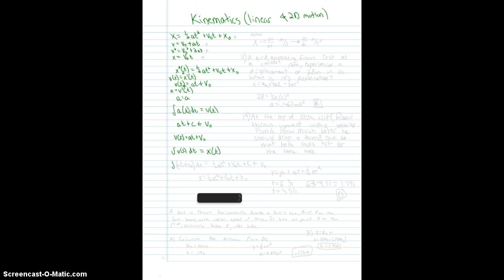So when you take the antiderivative of at plus v sub o, you get 1/2 at squared plus v sub o t plus c. And that c is going to end up equaling the initial x position. So you get x equals 1/2 at squared plus v sub o t plus x sub o.